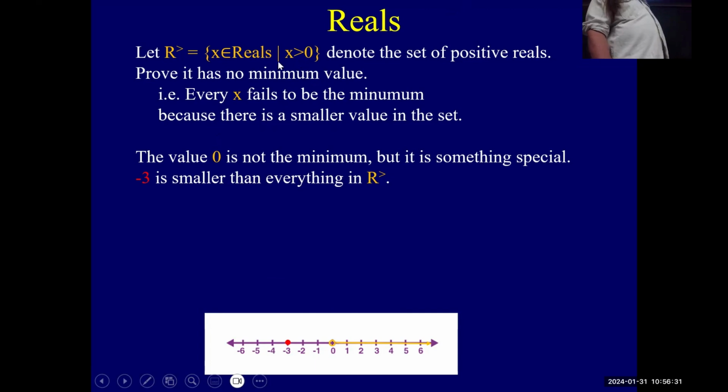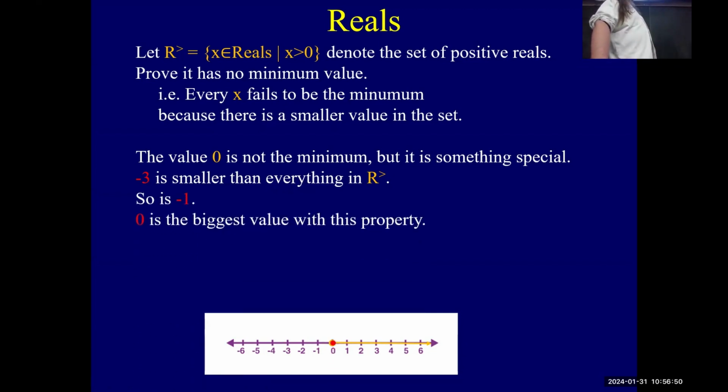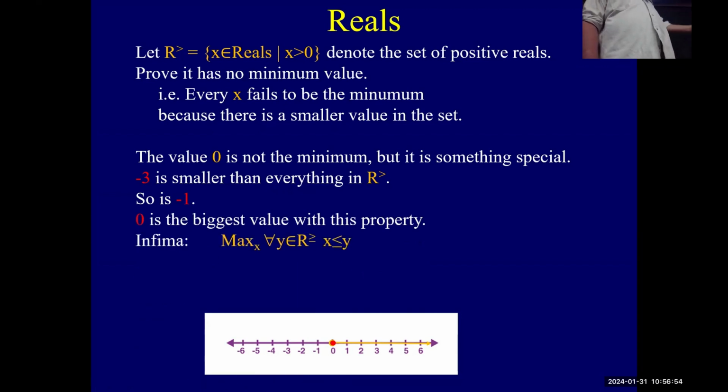I mean, 0 is smaller than everybody in the set, but -3 is also smaller than everybody in the set. But why is 0 better than -3? Is the biggest. Exactly. So 0 is the biggest value that is less than everybody in the set.